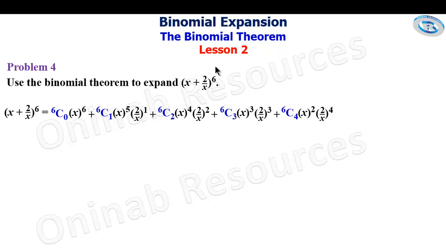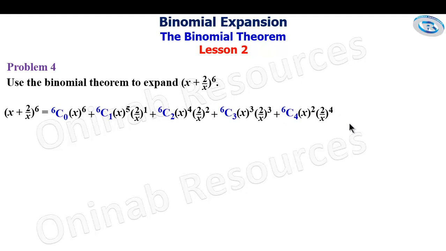We stated in the first lesson that the power of the first term and the second term in the expansion must always add up to give you the power for the expansion, which is 6. So if you see 5 plus 1 gives 6, 4 plus 2 is 6, 3 plus 3 is 6, 2 plus 4 is 6.